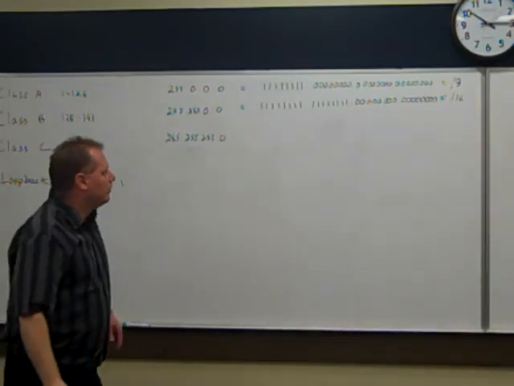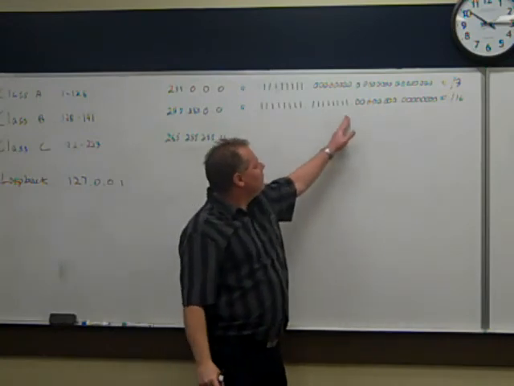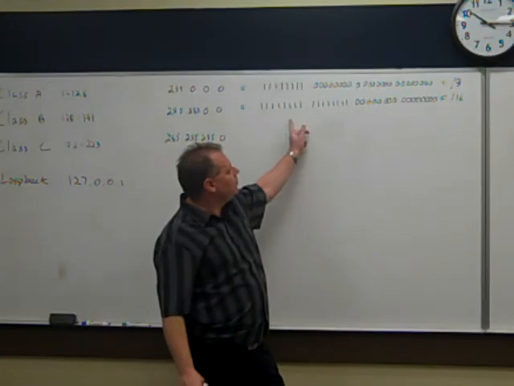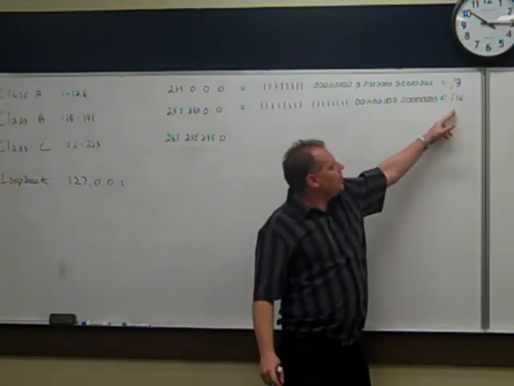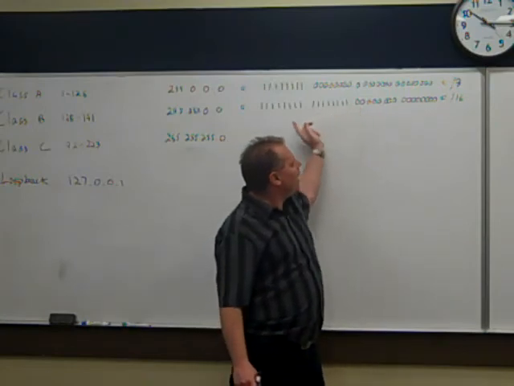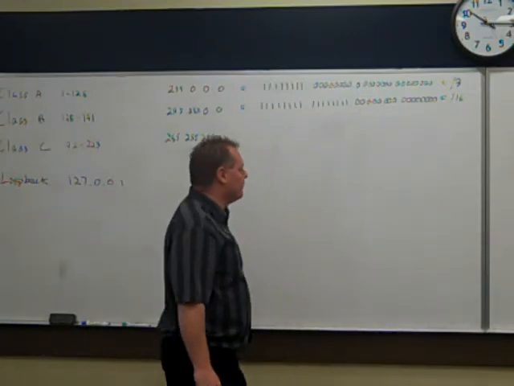Notice again, 16 bits turned on, okay, 255 dotted decimal, changed to binary, gets us /16, 16 bits borrowed. If I turned on one additional bit, I would change this to /17.